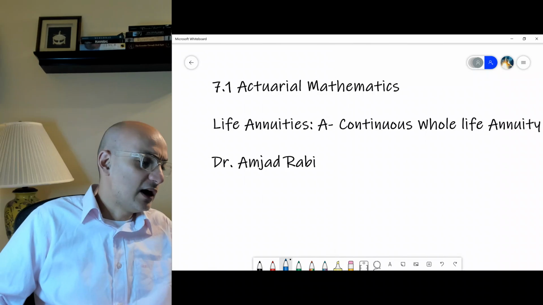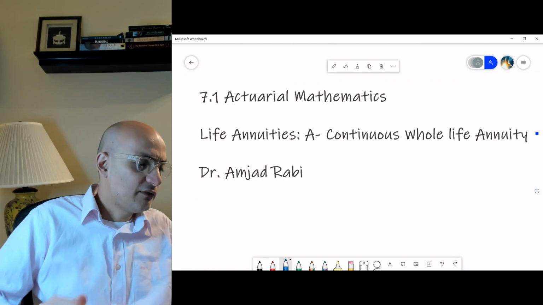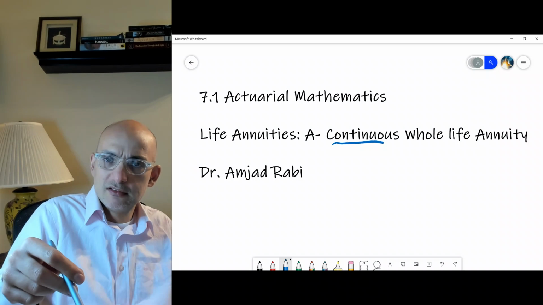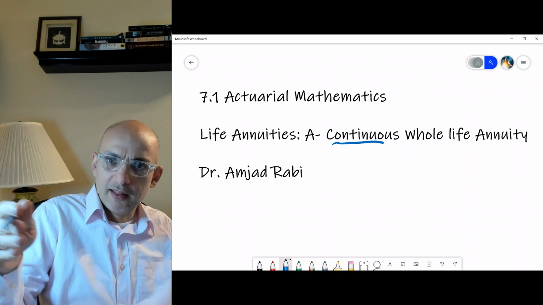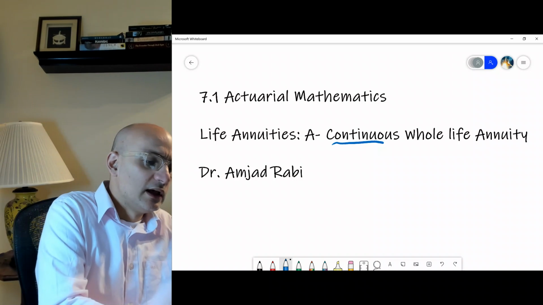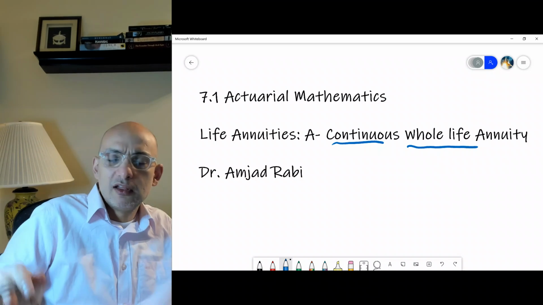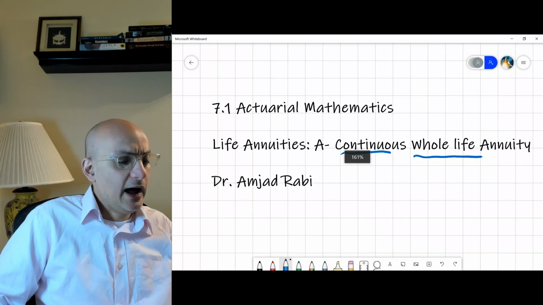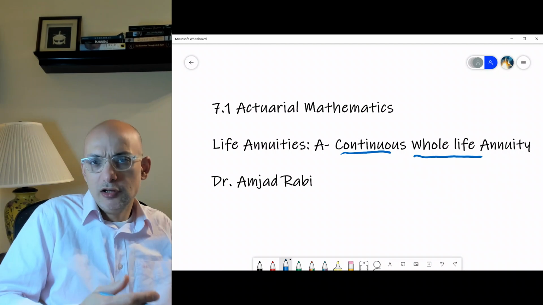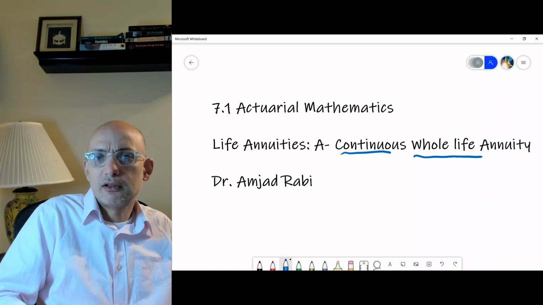So now we will look at the life annuity, and we'll start with the continuous case. It pays continuously, not at the end of the year or beginning of the year, and for whole life it stays until time of death. When we talked about insurance benefit, the payment is made at time of death.